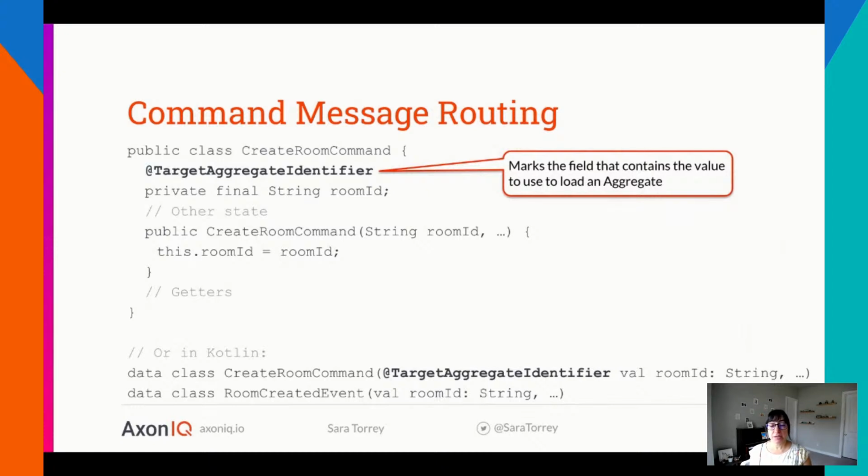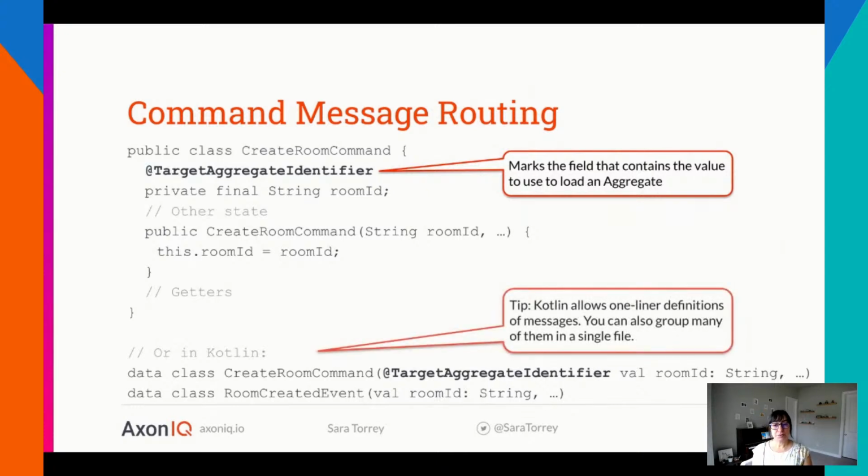This tells Axon where it can get the identifier, which points to a single point of reference for the command model this operation should occur on. As you can see, you can also create Kotlin classes for your messages, which makes it much less verbose, which is something I really like about Kotlin. This will provide a shorter notation and the option to group several commands in a single line, which is really powerful in Kotlin.